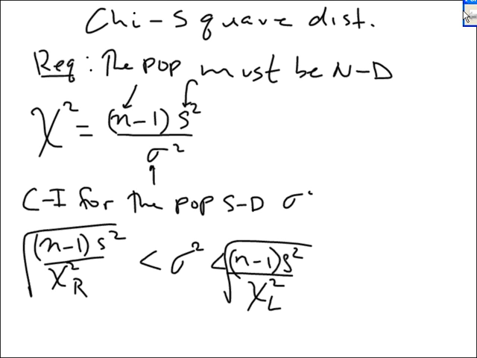The square root of sigma squared is just sigma.